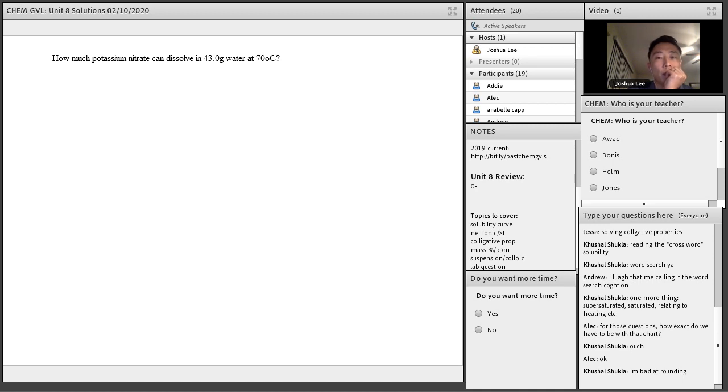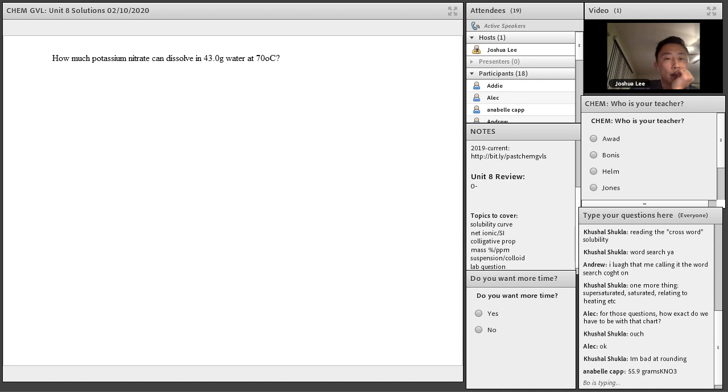Solubility curves. I have to change it to a PDF first. Save this as a PDF.